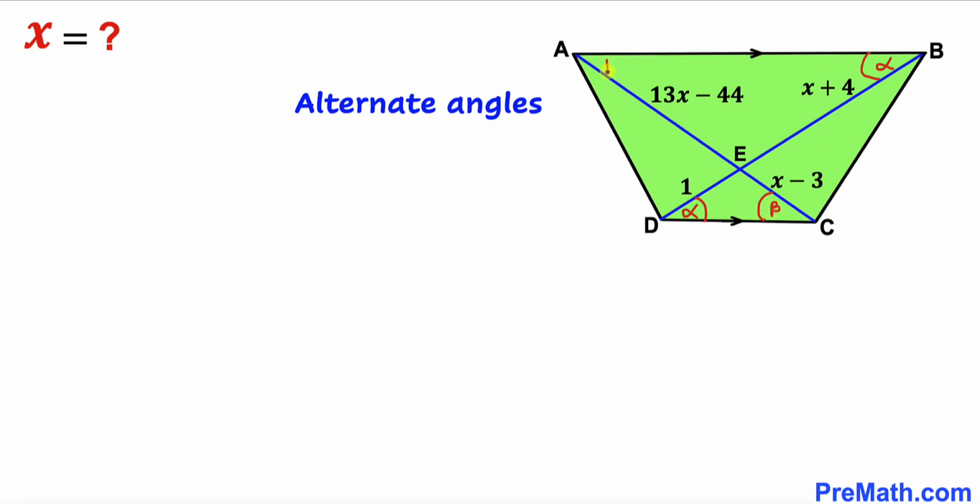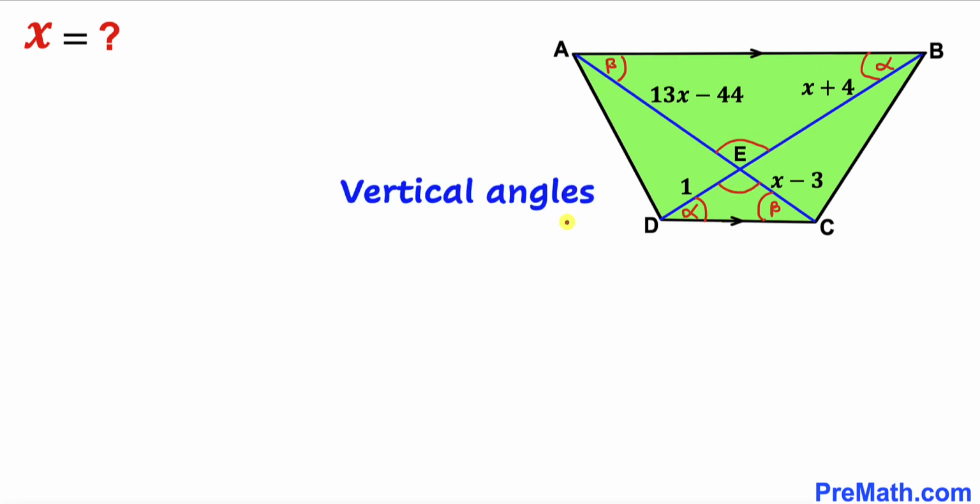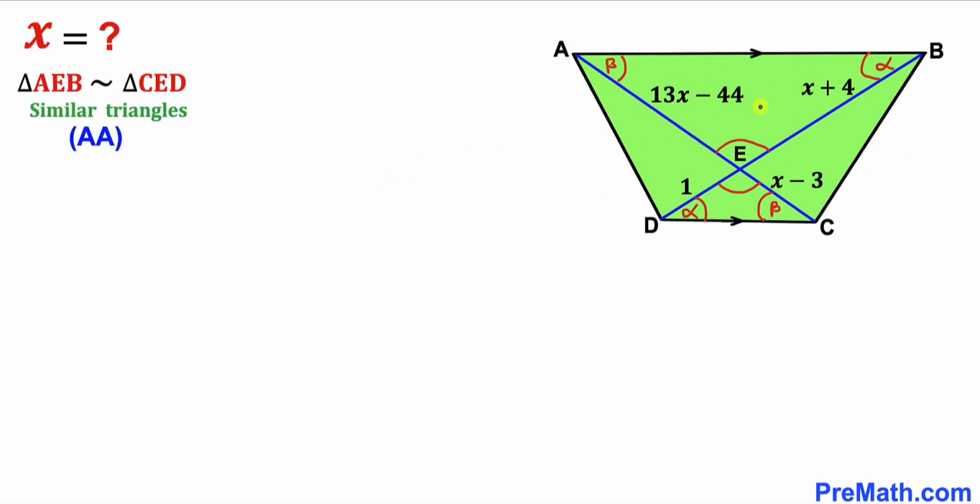Then this angle has got to be angle beta as well, since these are also alternate angles. And moreover, let's focus on this angle and this angle. They are vertical angles. So we conclude that triangle AEB and triangle CED are similar triangles according to the angle-angle similarity theorem. So we are going to have a proportion.